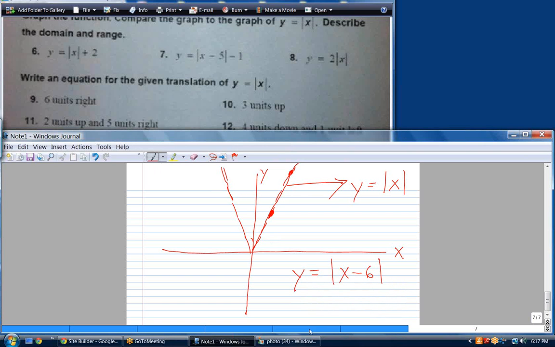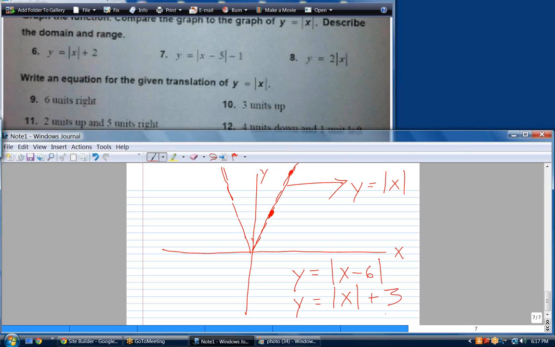Okay, number 10, what is a function that would be shifted 3 units up? It'd be absolute value of x plus 3, because we're going up.